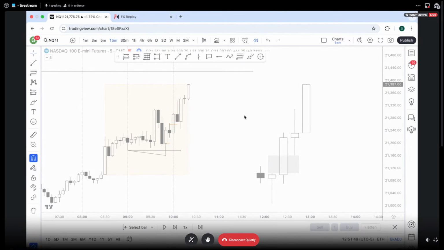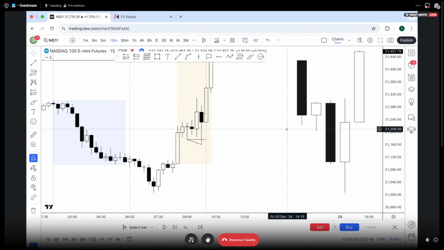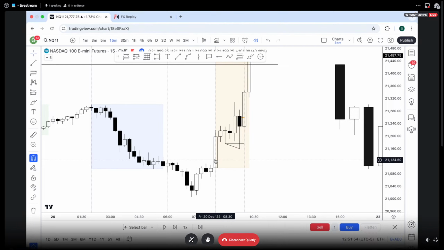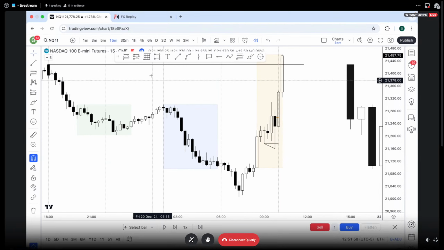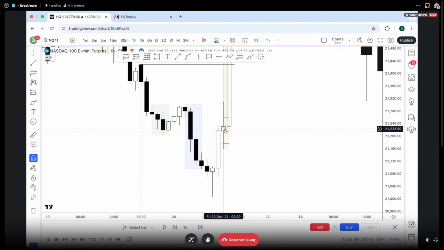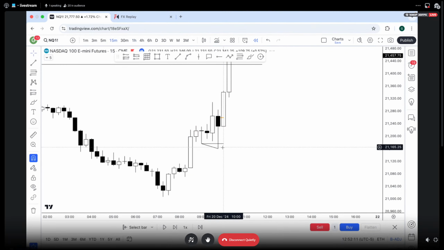But I was showing the fractal model, where we have 8:30 going up. So possibly continuation lower, just because we have these opposing candles here. And then these opposing candles fail to support price because we take out this high. If we're going to reverse off this high, like I said, 9:30 should have gone lower, but it never did. It actually formed an SMT here.